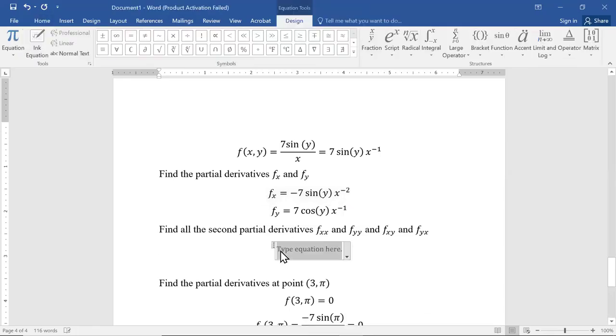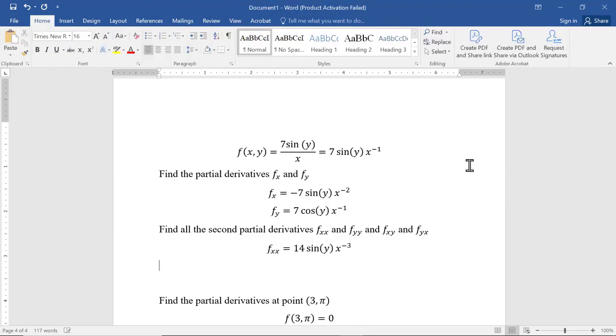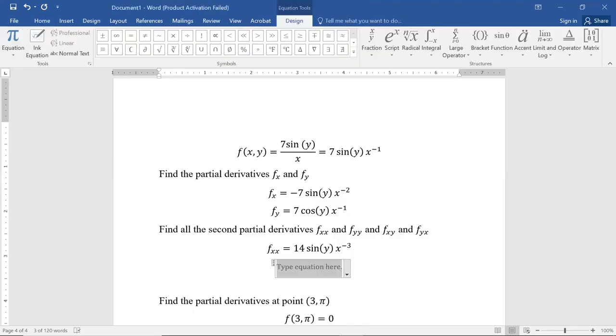So let's find the second partial derivatives, f sub xx. I take my f sub x and I take a derivative of this with respect to x. The -2 would come out front. That would give me a positive 14 times sine of y times x to the -3rd. F sub y, why?